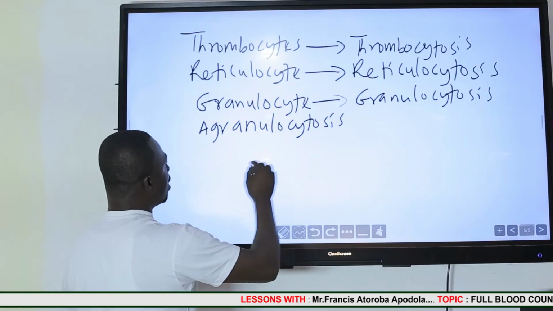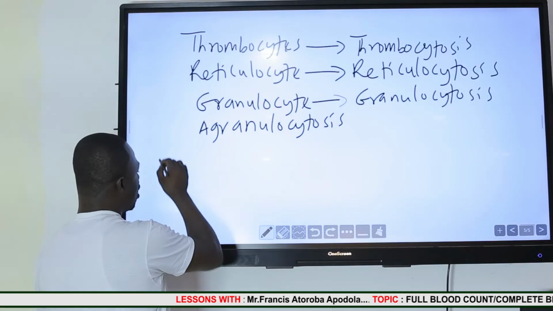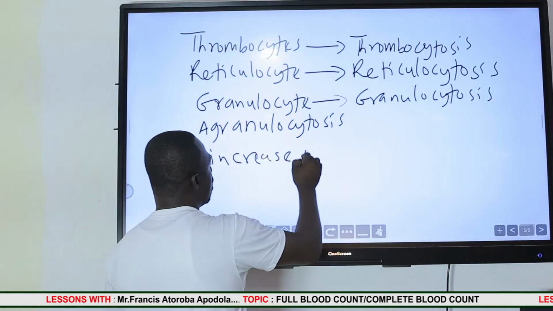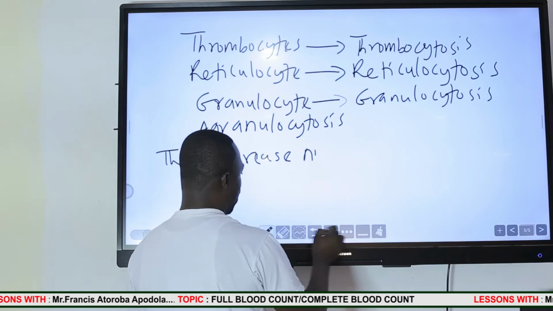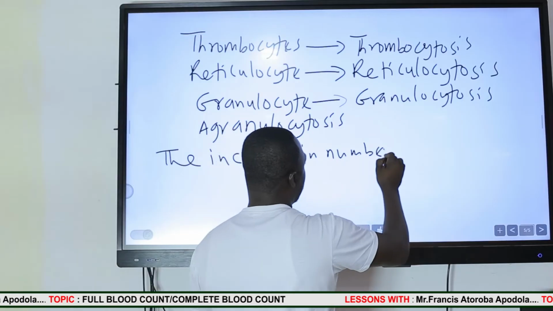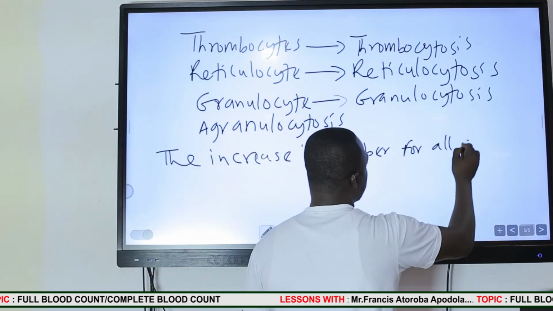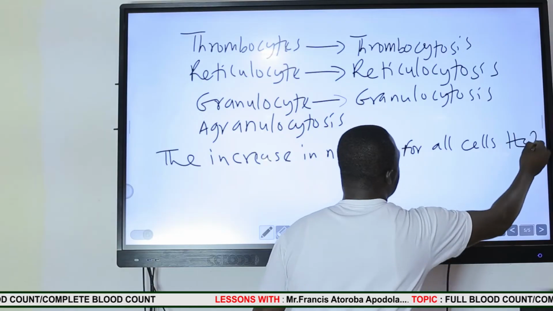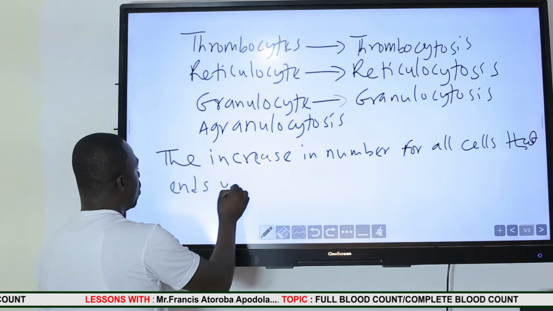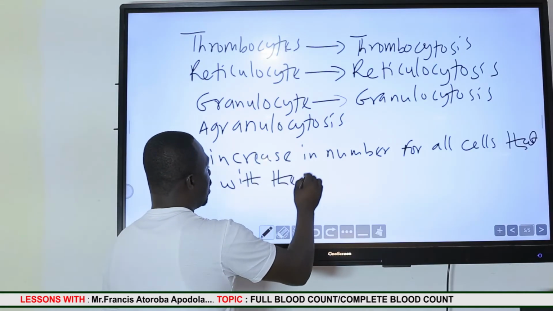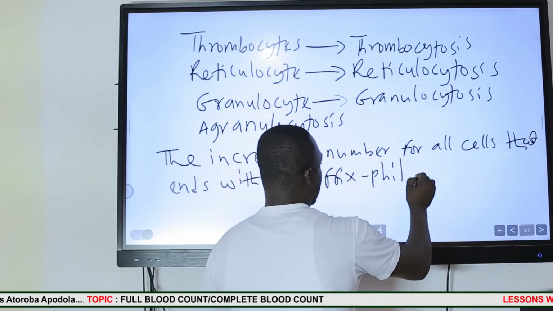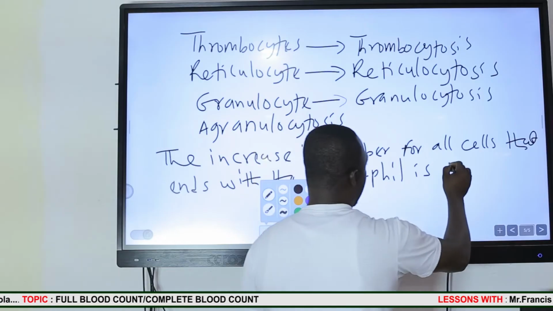granulocytes. So the increased number of all cells that end with the suffix phil is philia.